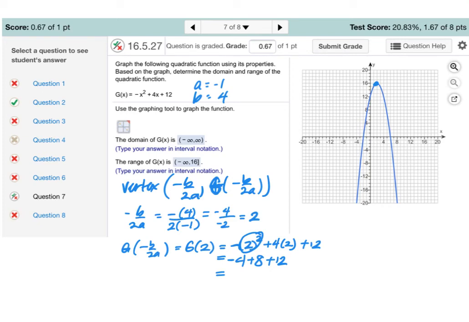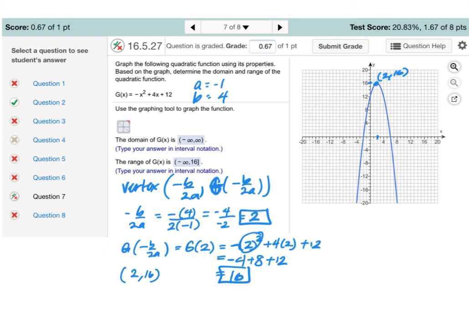A positive 4 plus 12 is a positive 16. Okay. And so our vertex will be 2, 16. Okay. And so notice here, this is 2, 16 there.